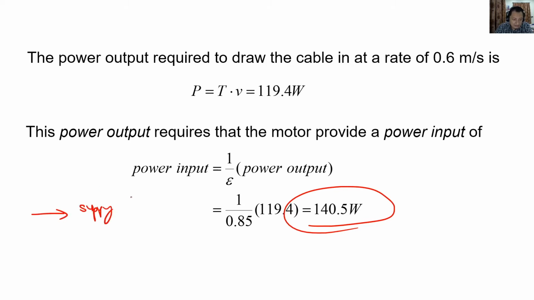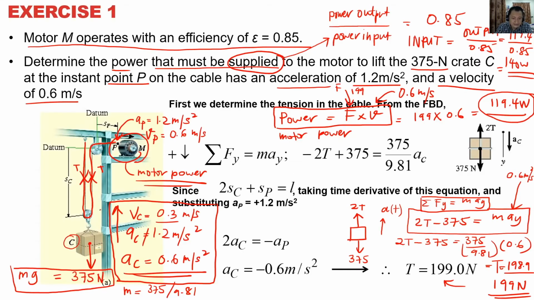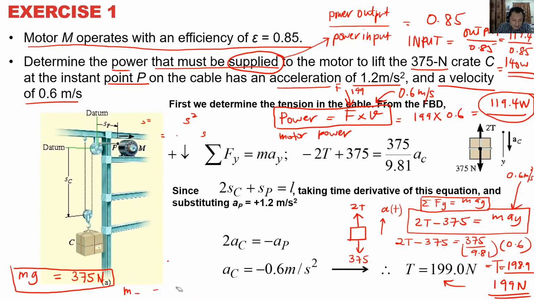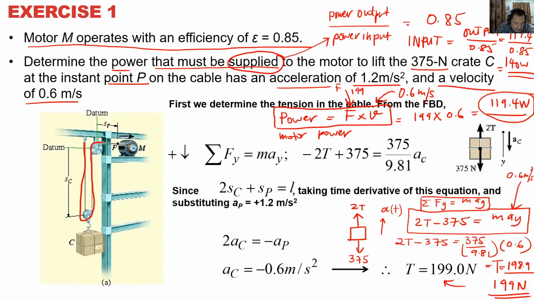What you supply, you don't get all of it. You have a lot of losses. So let's look at our losses. In order to look at losses, you got to look at the system. The system looks kind of messy, but it's really not so complicated. It's quite simple. You've got pulleys and cables. All these pulleys will have friction.